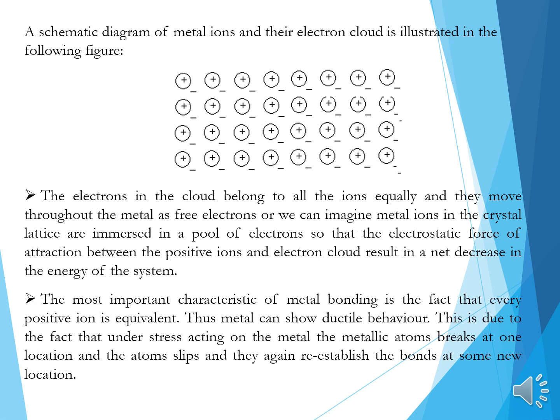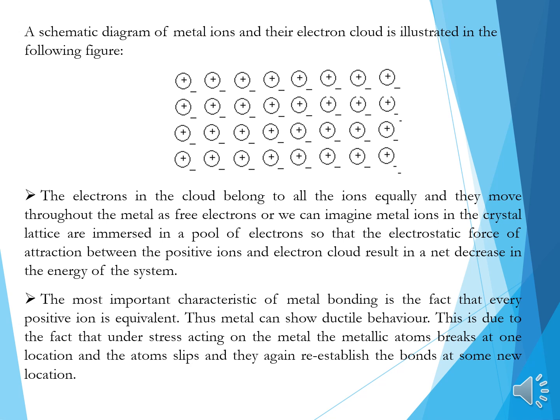A schematic diagram of metal ions and their electron cloud is illustrated in the figure. The electrons in the cloud belong to all the ions equally, and they move throughout the metal as free electrons. We can imagine metal ions in the crystal lattice immersed in a pool of electron cloud.